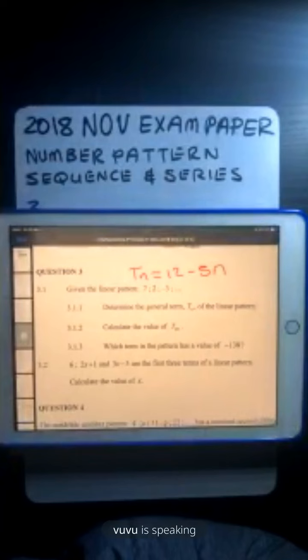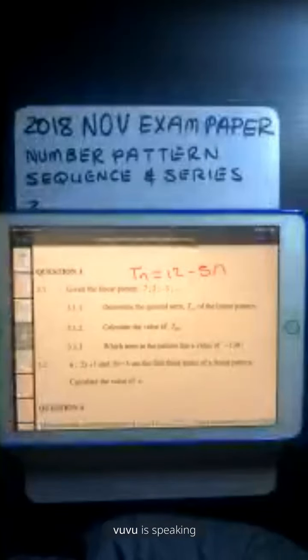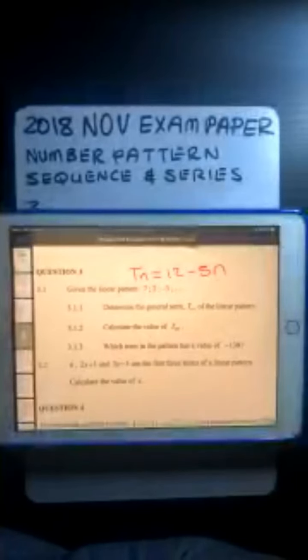Sir, I wanted to ask a question. If we're given a geometric sequence, and we can't find a whole number as our nth term, what do we do then? Do we round it off, or maybe I did something wrong in my calculation? Wait, which type of sequence are you talking about?